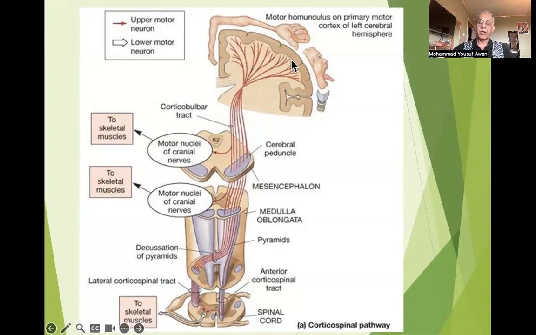So from the motor cortex, the neuron sends an axon down through the subcortex, and then comes down through the midbrain, down to the pons, and down to the medulla. And in the medulla, most of these fibers decussate to the opposite side.